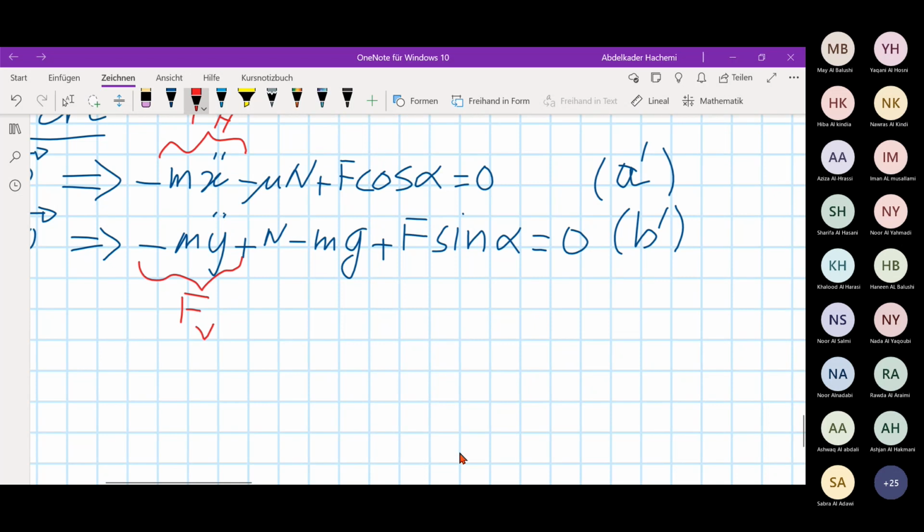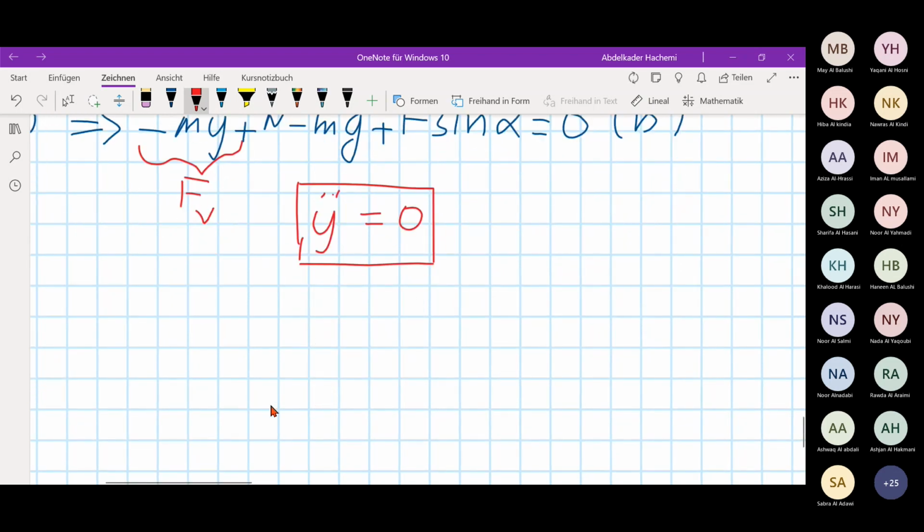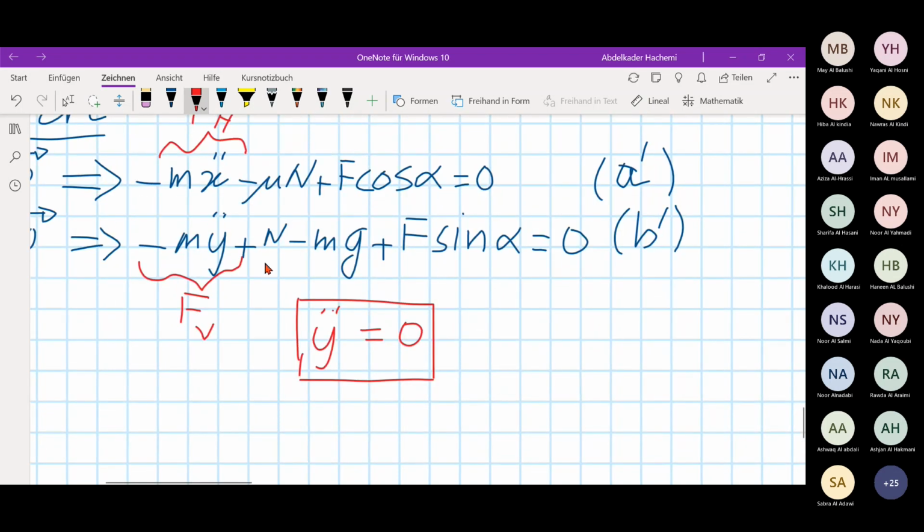Now keep in mind that y dot dot is equal to 0. There is no acceleration in y direction before the mass leaves the ground. Now we looked at how to describe this. As you see, x dot dot is unknown. N is unknown.